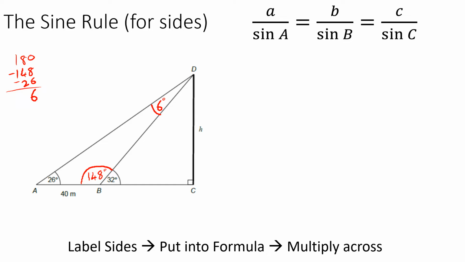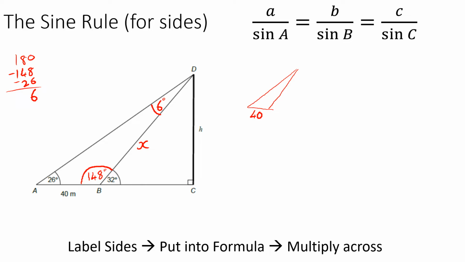What could we actually figure out here? Well, we could use this triangle here, which has got its 6 degrees and its 148 and its 26, and it's also got this length here as being 40, and we can try and find another length. So let's say that we want to find this length, maybe. Yeah, that makes sense to me.